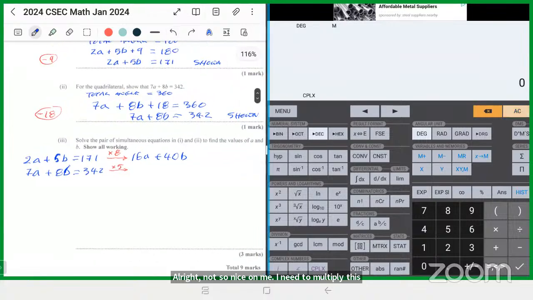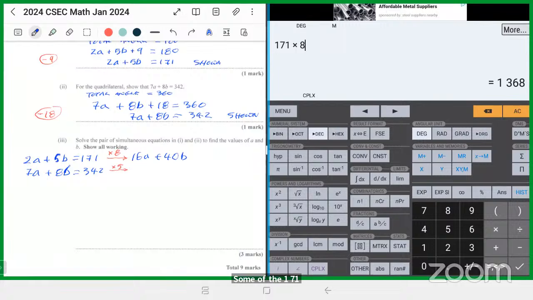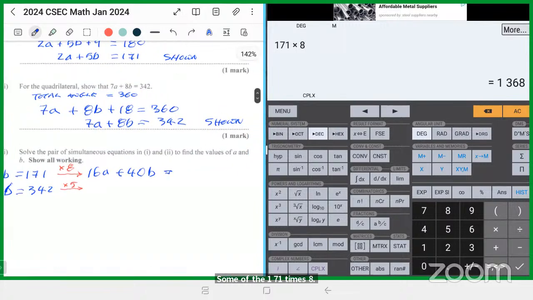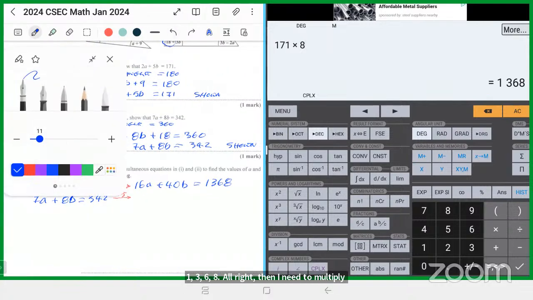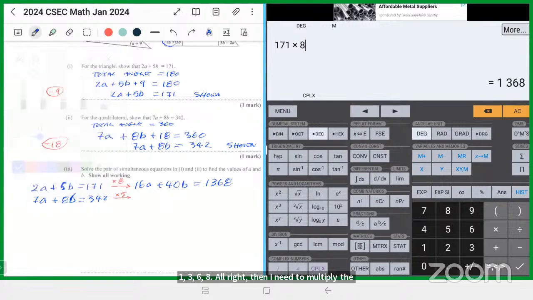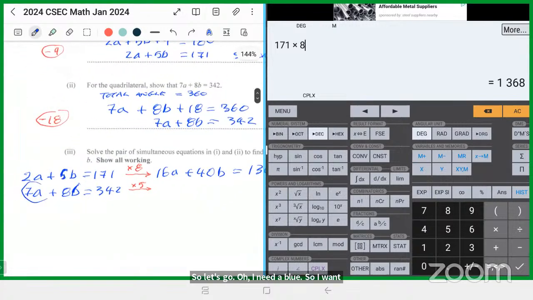So I'm going to do 171 times 8. 1368. So I'm going to get this being equal to 1368. Then I need to multiply this equation now by 5. I multiply this by the 5, 7 times 5 is 35, so I'm getting 35A. Multiply this by the 5, I get the 40 that I want.